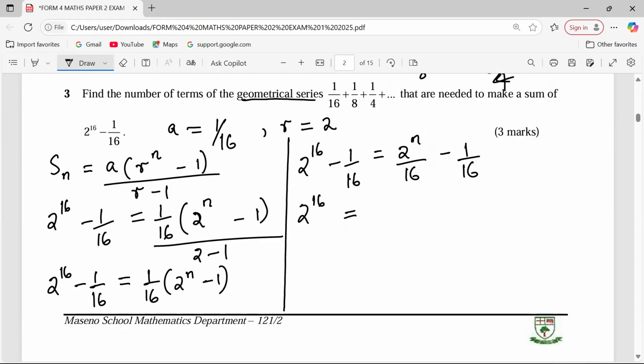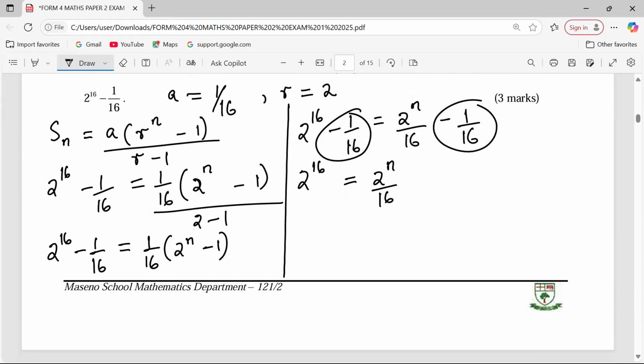2 power n out of 16 because this one and this one are the same. So they shall cancel out and become a 0 that way. So at this point now, we are needed to find the value of n.